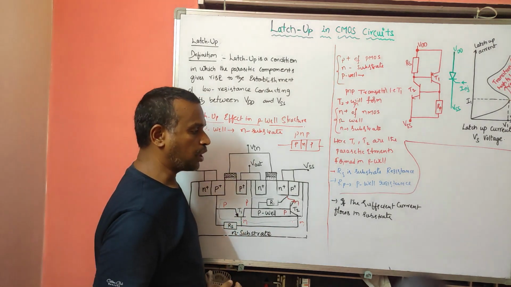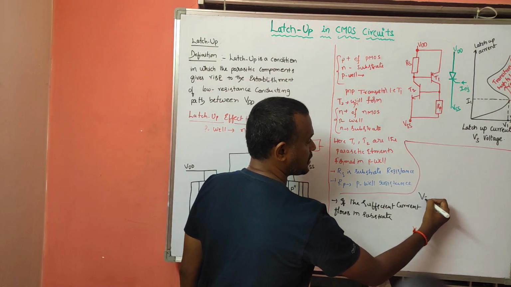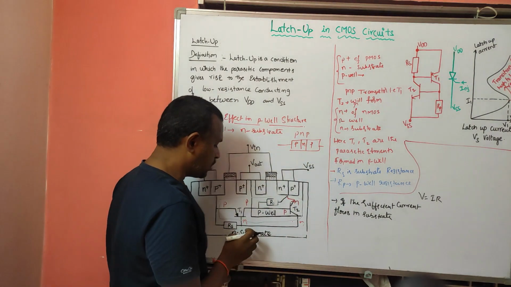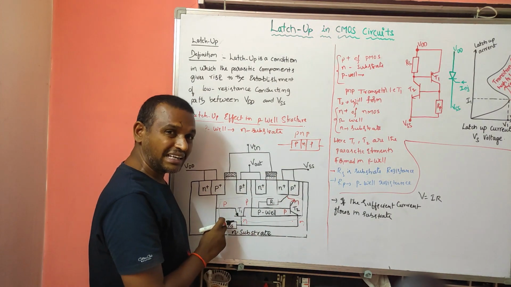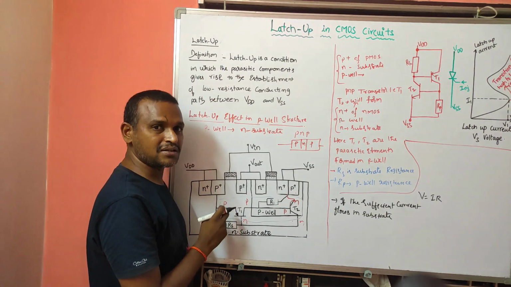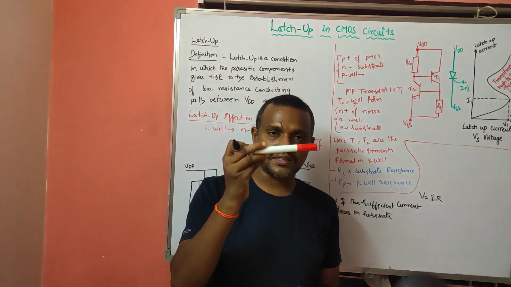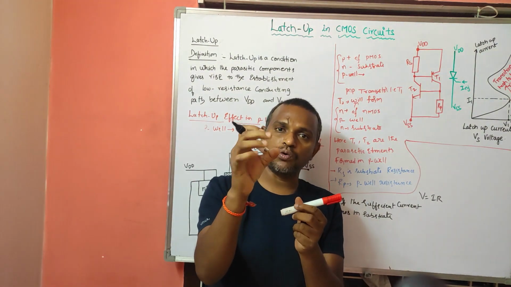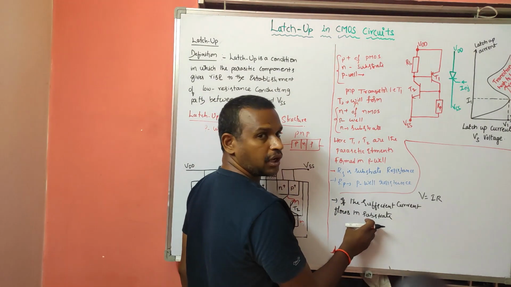We know that V is equal to I into R. If there is a current flowing through the substrate and it has the resistance RS, the substrate resistance, then compulsorily there will be a voltage drop.